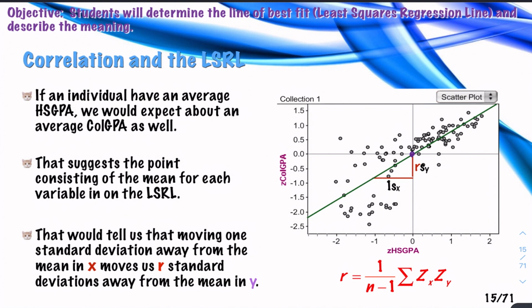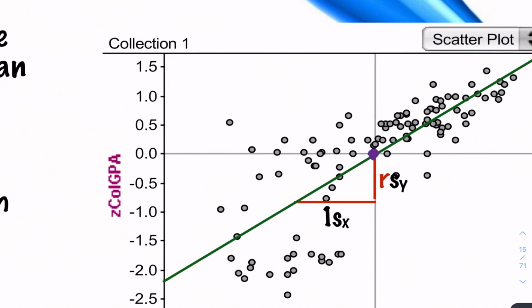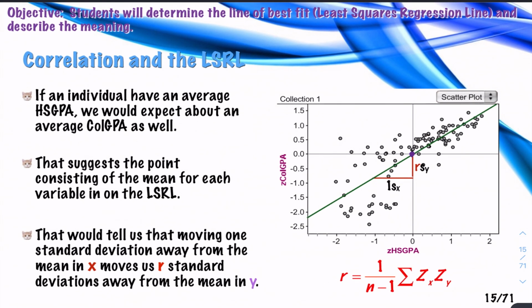That also suggests the point consisting of the mean for each variable is on the least square regression line. So if you know the two means of each of your variables, that will most assuredly be on your least square regression line. That would tell us that moving one standard deviation away from the mean in X.